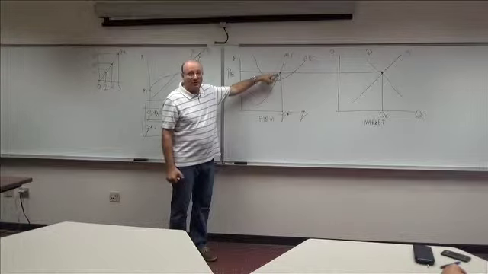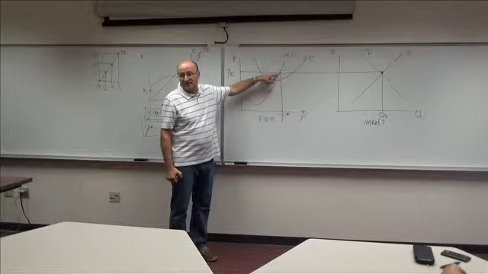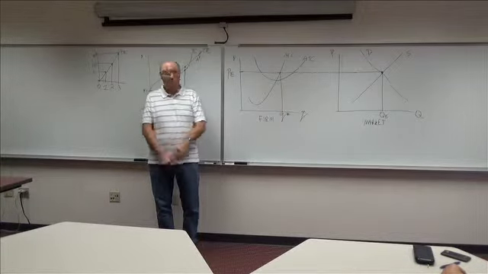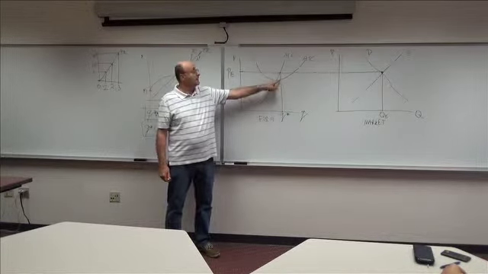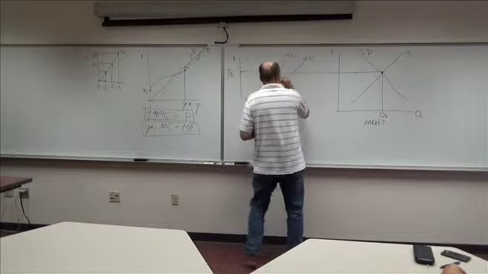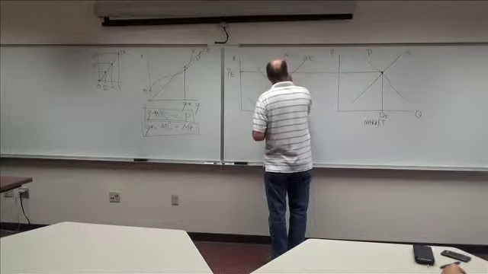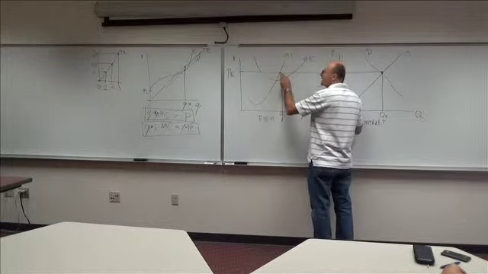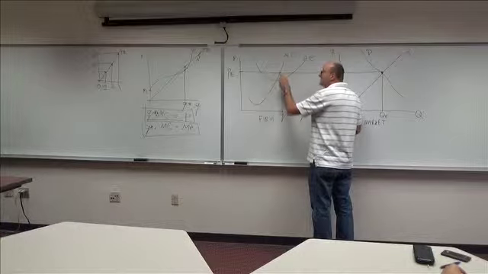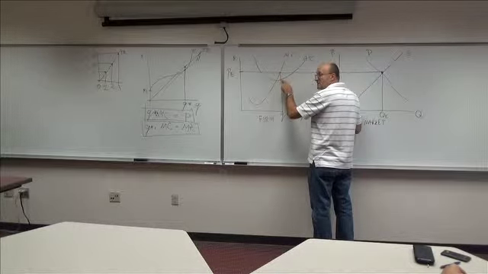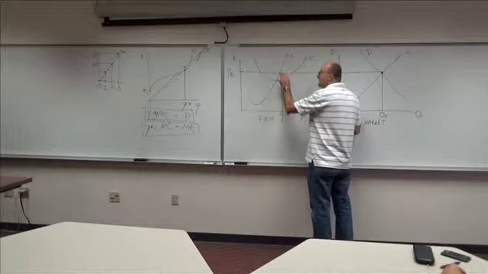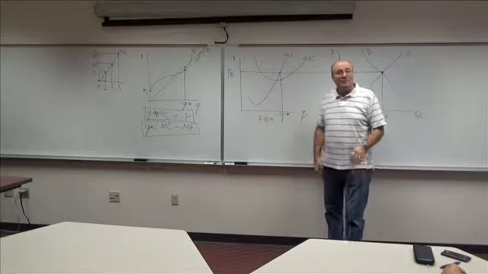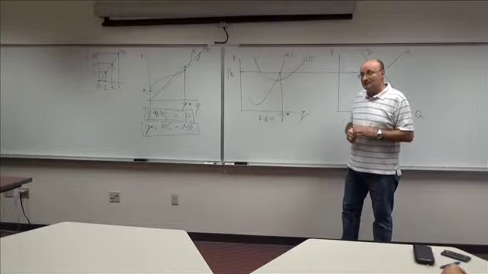What's the cost of baking an average pizza when you bake this many pizzas? Where the Q line meets the ATC line. Exactly. This is the cost of baking an average pizza. So imagine, this is how much you sell a pizza for. This is how much you bake an average pizza for. The difference is the profit you make on an average pizza.